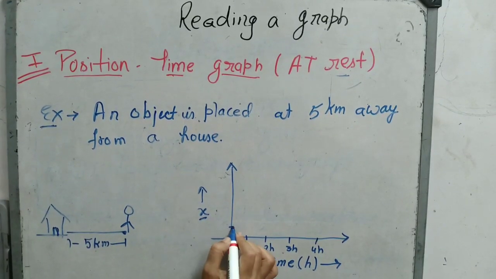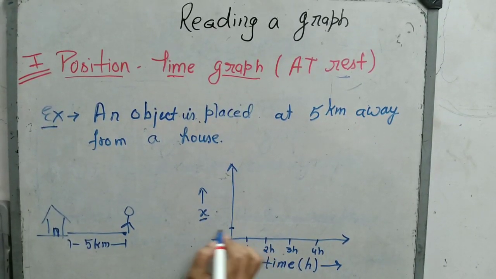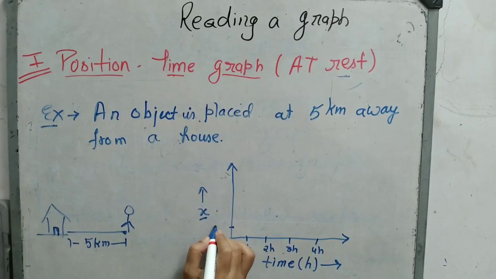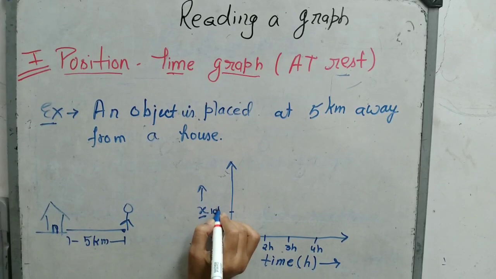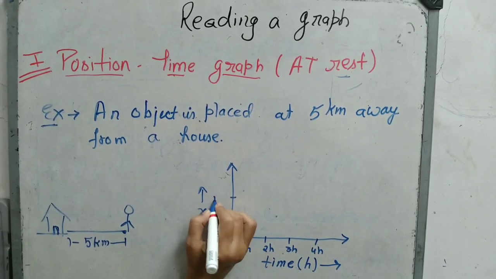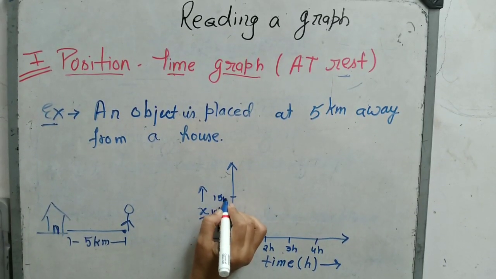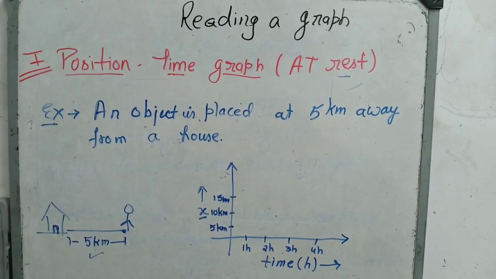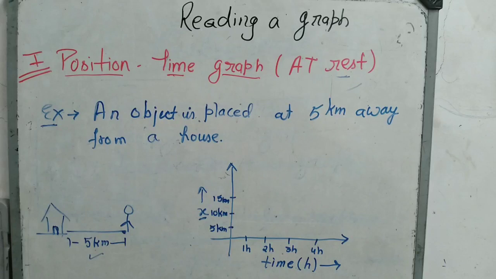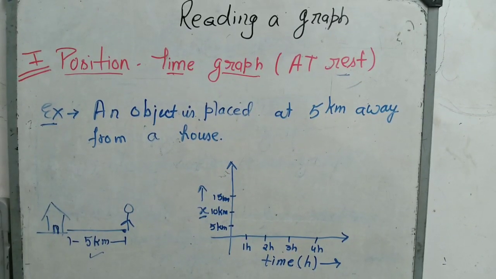It should be in meters or kilometers. Suppose this interval is 5 kilometers, then 10 kilometers, then 15 kilometers, and so on. Am I correct?